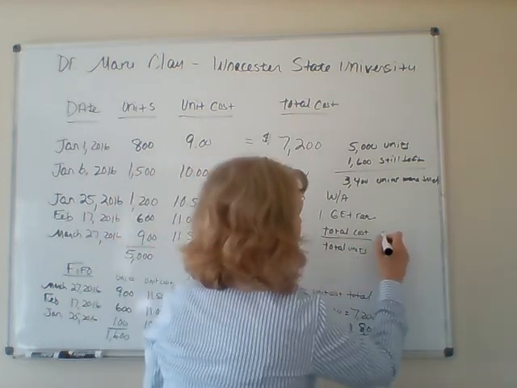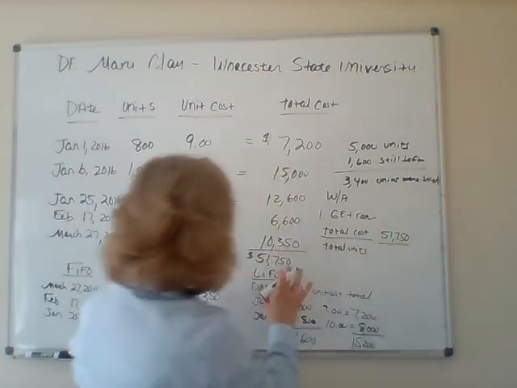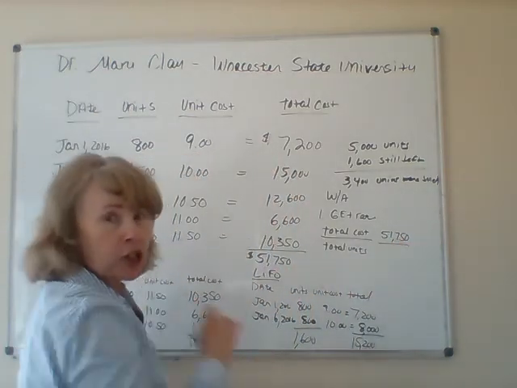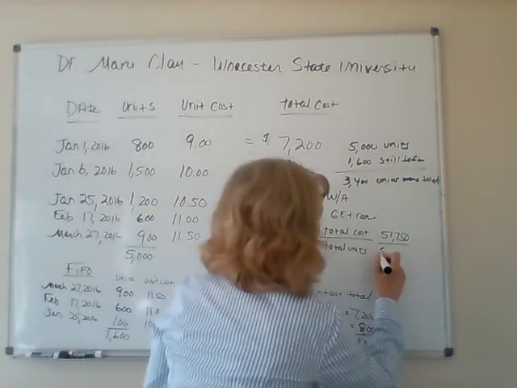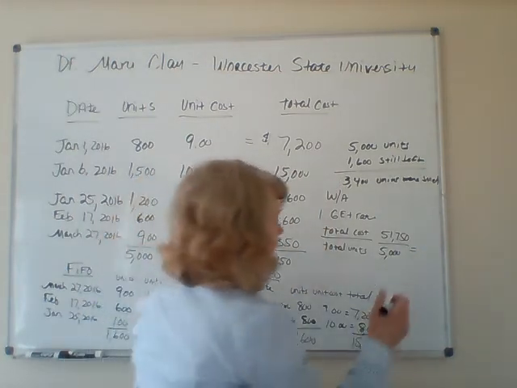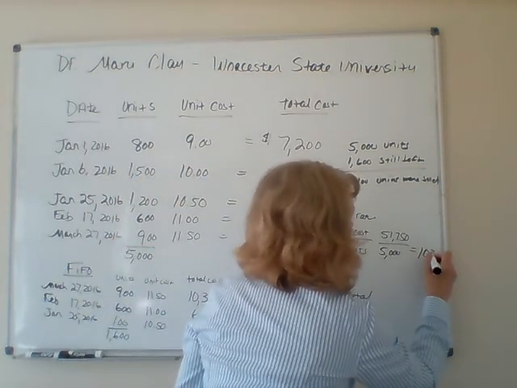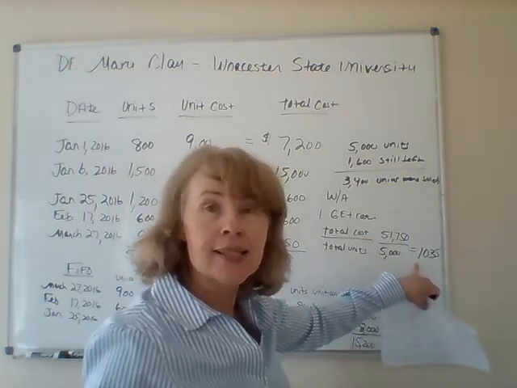Total cost is $51,750. Total number of units, work right from your first sheet, is 5,000. Divide it out, and that gives me $10.35. So my answer to the rate is $10.35.